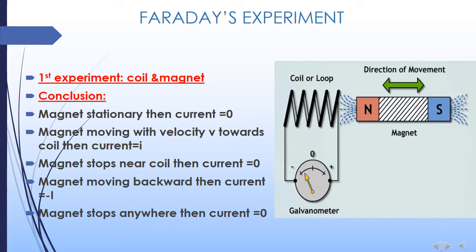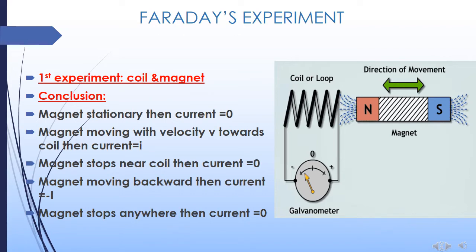Fourth one is, now we are moving the magnet in the backward direction. So there is a current in the coil, but the direction of this current is opposite. And the last one is, if we stop the magnet in the backward direction anywhere, then again there is no current in the coil.